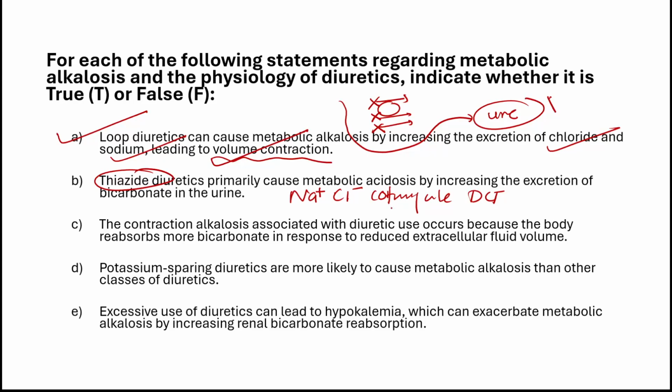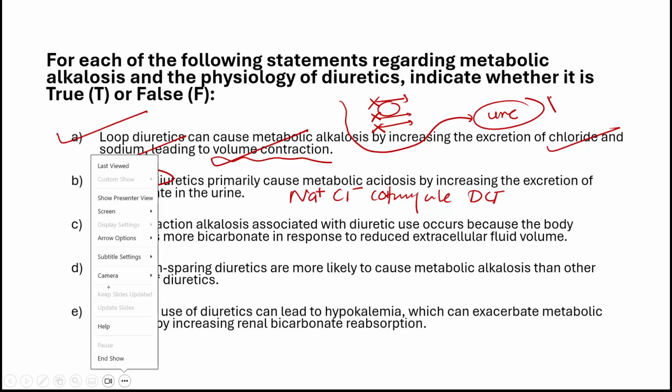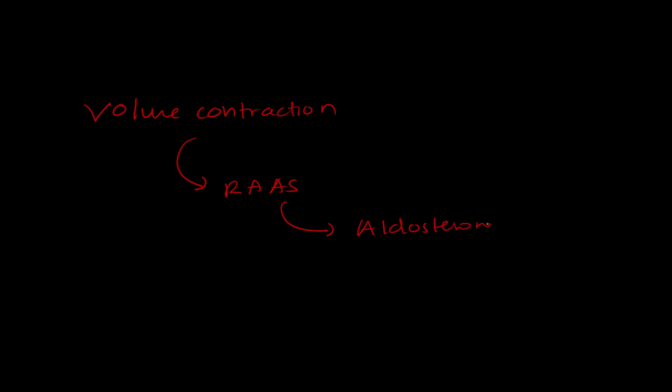But the problem is with the bicarbonate. How it does it is that because of the excessive loss of water, now there is volume contraction, as I said. With the volume contraction, there will be the activation of the renin, angiotensin, aldosterone system, as I specifically said in the last question. So it will involve the production of aldosterone, right?